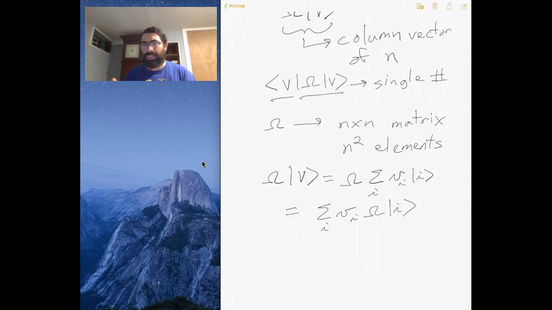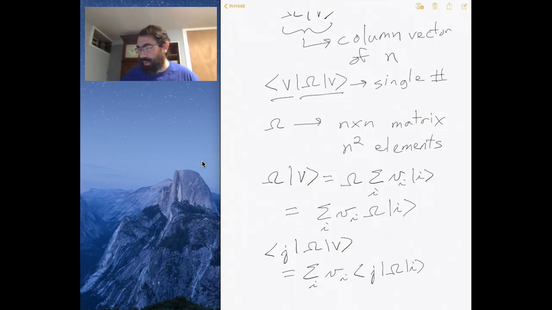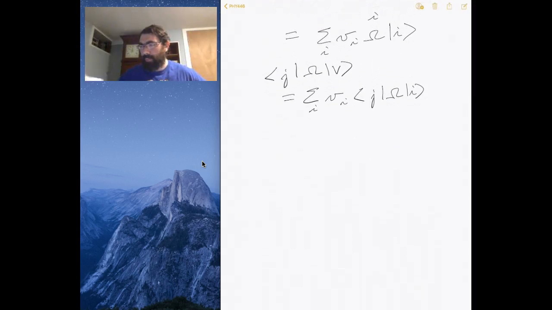So now what I can do is I can project that operation of omega on v onto another basis, j. So I can take the projection of j after I operate omega on v, and what I get is the sum of vi, the coefficients, the inner product of j on omega, which is now operating on the basis states I. And when I do that, I basically get a number.